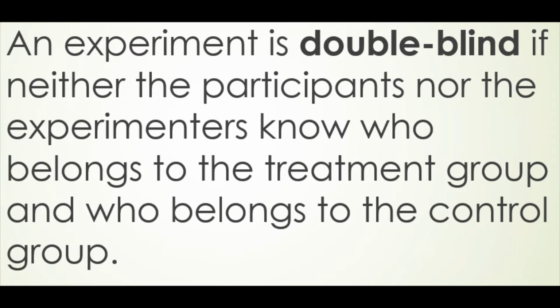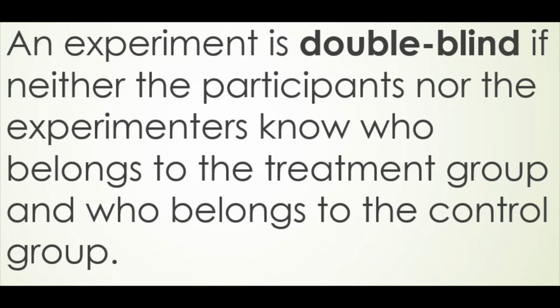Now, for some experiments, it's important to do a double-blind experiment. A double-blind experiment is one in which neither the participants nor the experimenters know who belongs to the treatment group and who belongs to the control group.